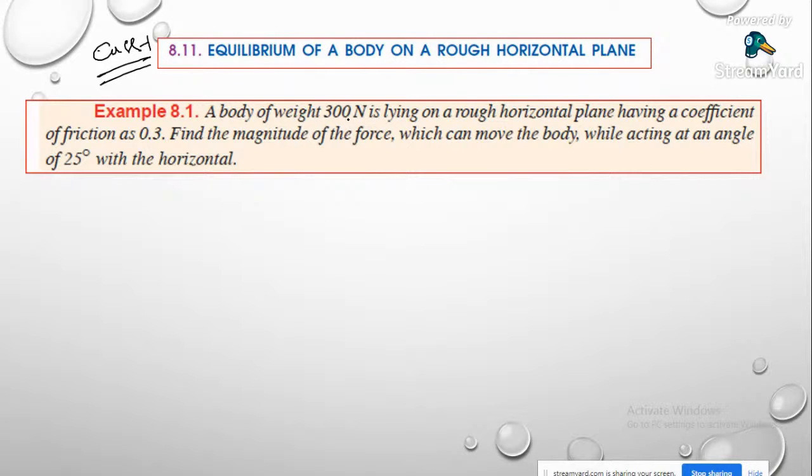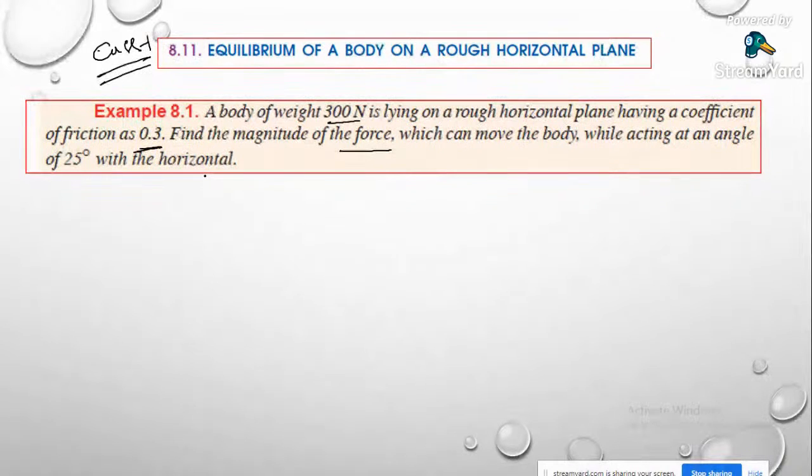A body of weight 300 Newton is lying on a rough horizontal plane having coefficient of friction 0.3. Find the magnitude of force which can move the body while acting at an angle of 25 degrees with the horizontal.